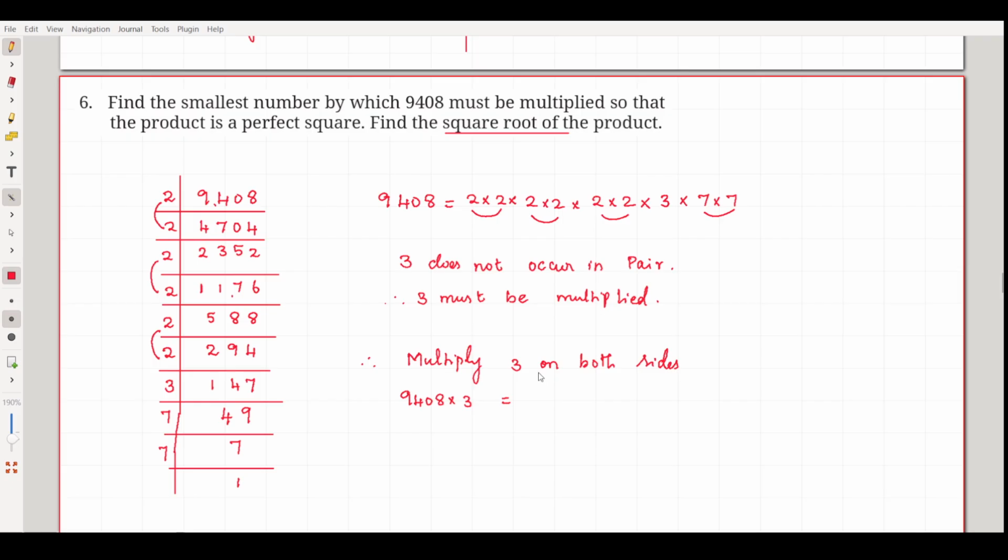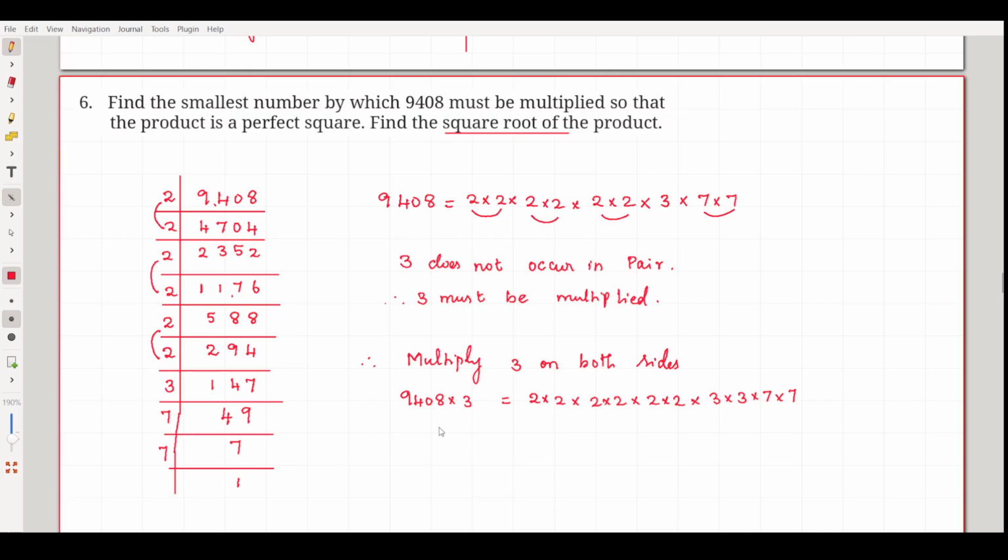So everything will be having a pair: 2 into 2 into 2 into 2 into 2 into 2, 3 also has a pair, 3 into 3, 7 into 7.